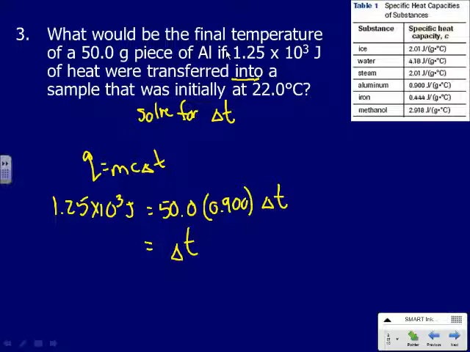Because energy is going into the aluminum, this is a positive energy transfer. That means my delta T will be positive, which makes sense. If you put energy into the substance, its temperature is going to go up, a positive temperature change. So what do I get here for an answer?